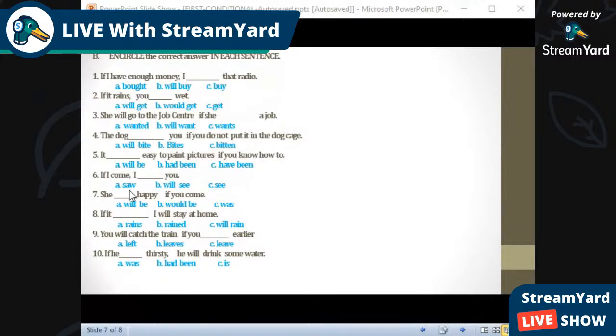If I come blank. So remember to use in here you have the simple present. In here you will use the modal or the future. Next, she blank happy if you came. So in here you will have the future and in here the simple present.